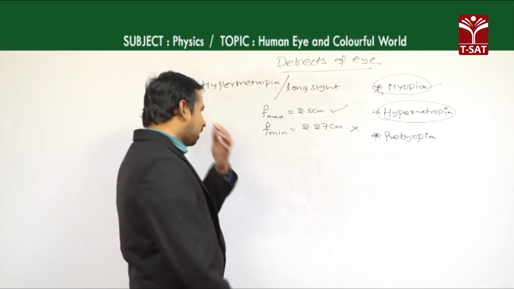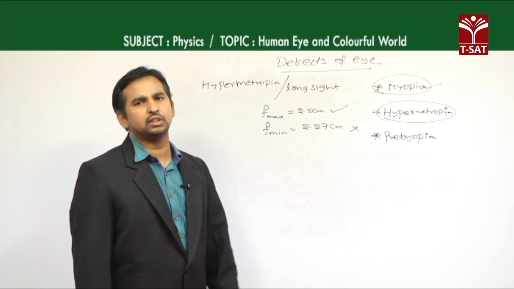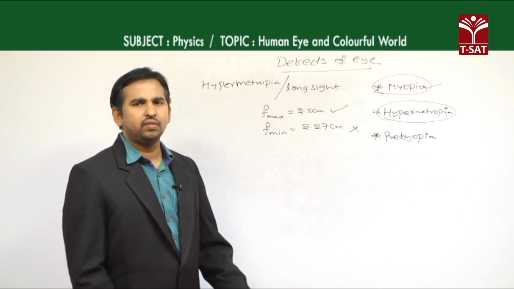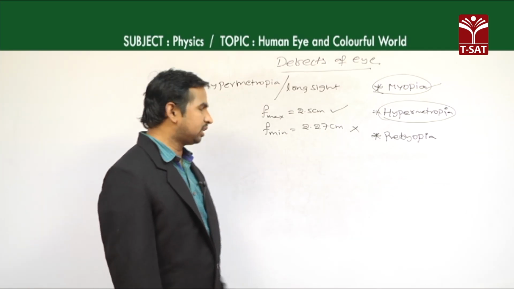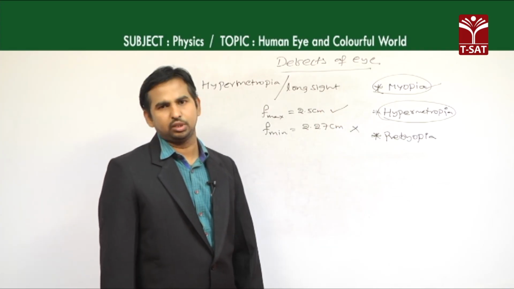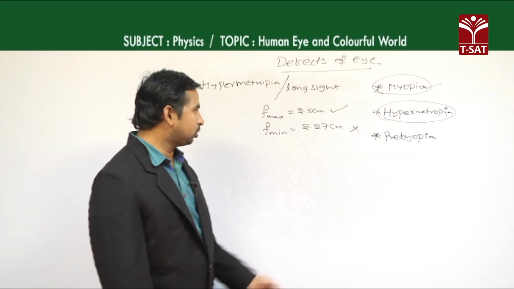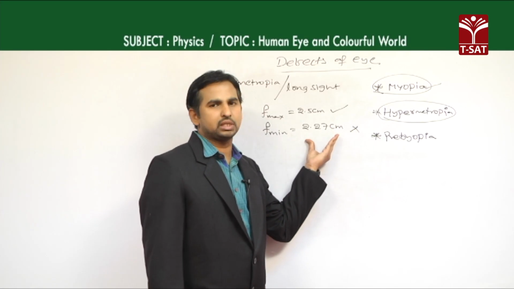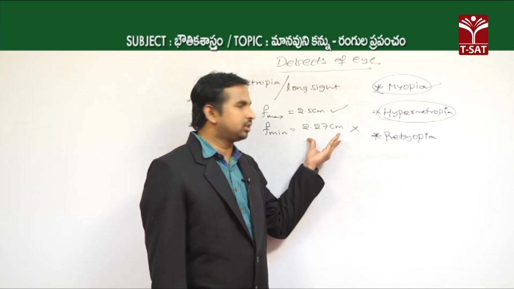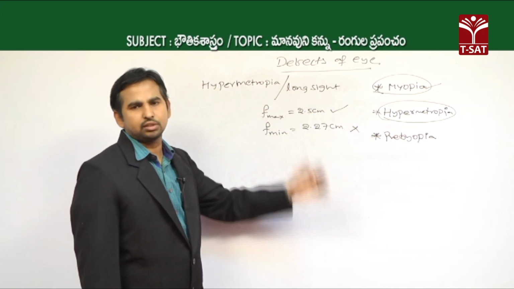The accommodation of our eye lens, which is the ciliary muscles, is not adjusting properly. Accommodation is nothing but adjusting to 2.5 centimeters or adjusting to 2.27 centimeters. The ability of the ciliary muscles to adjust to the minimum focal length of 2.27 centimeters is not there. That is why we get this defect of hypermetropia, also called long-sightedness.